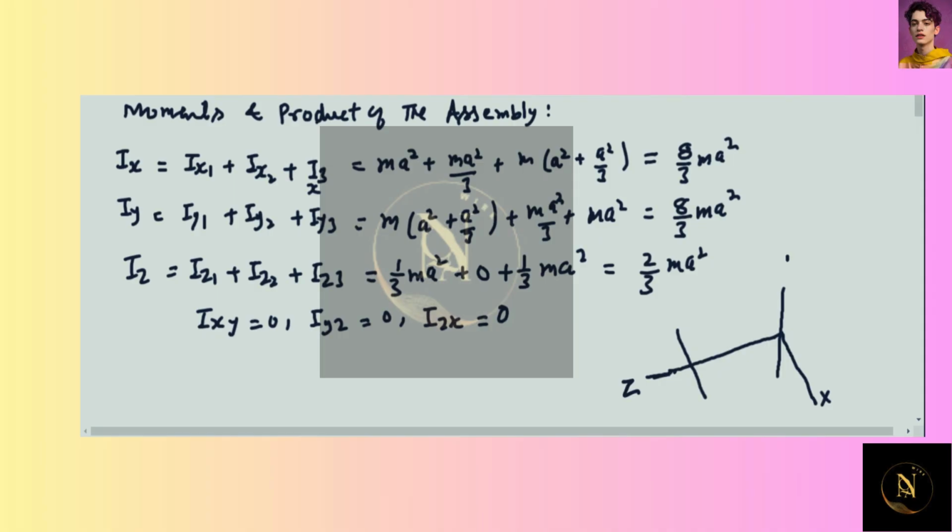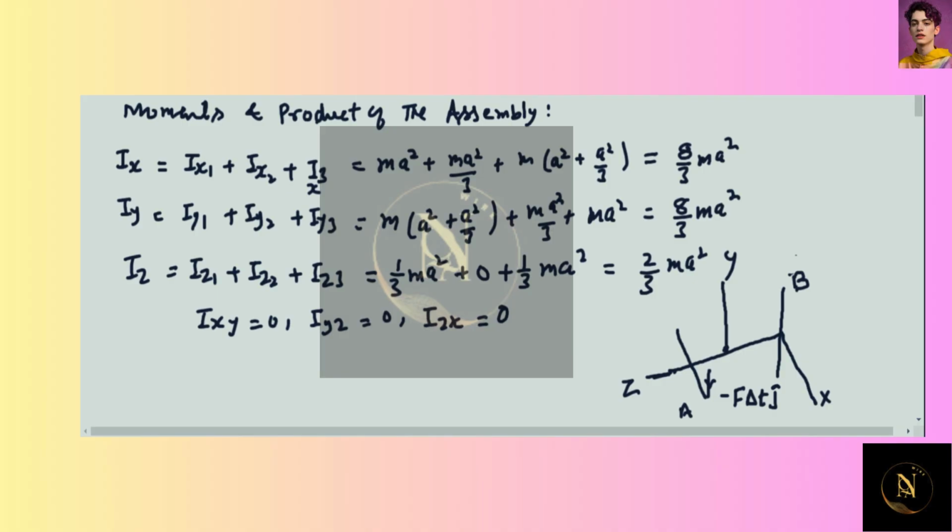This is z-axis. This is y-axis, you may say. This is A and this is B. So here is the impulse minus F delta T J cap. Here is the impulse due to thread.